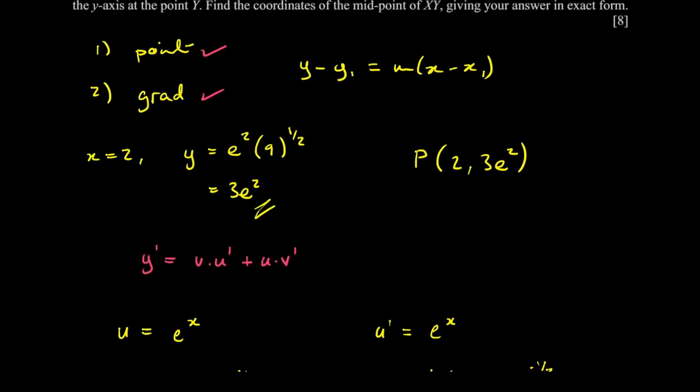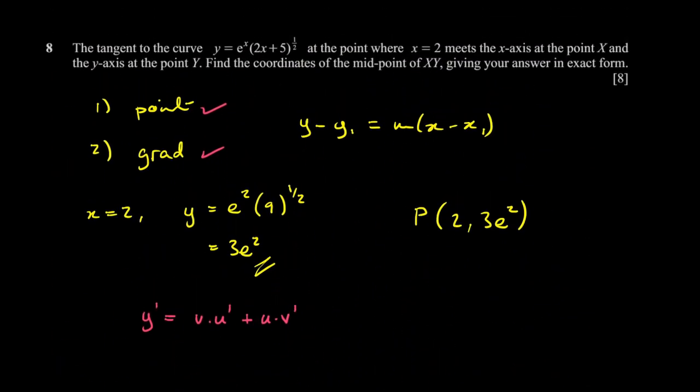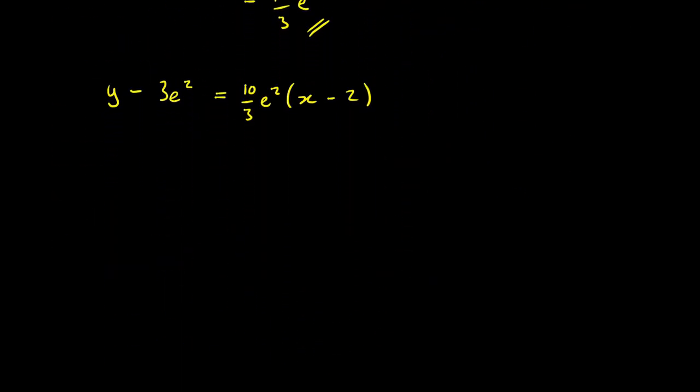So what do we need after this? Well, we need to find the x-intercept, which is x, and the y-intercept, which is y. Well, how do we do that? The x-intercept is when y is equal to 0, isn't it? So 0 minus 3e squared is equal to 10 upon 3e squared times x minus 2. So I can divide through by e squared, first of all cancel, and I'll times both sides by 3 and divide by 10.